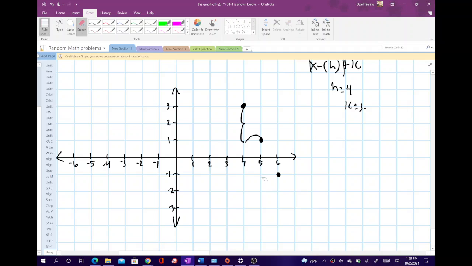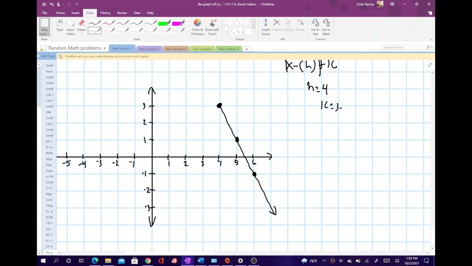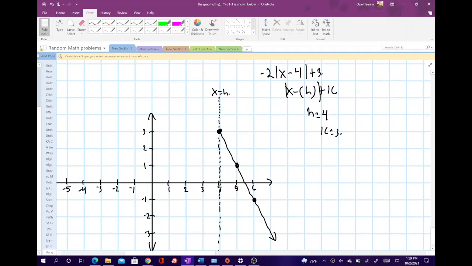Okay, so once you do that, you draw a straight line as best as you can, and then you reflect over a line called the axis of symmetry. Or you can evaluate if you don't know how to do this, but what that means is you do a reflection over the axis of symmetry. The axis of symmetry is x equals h.